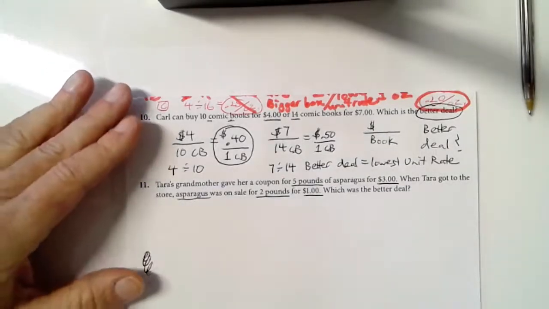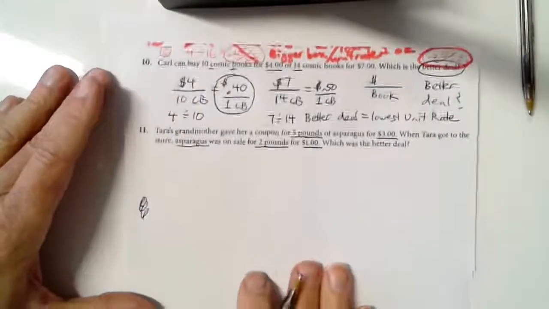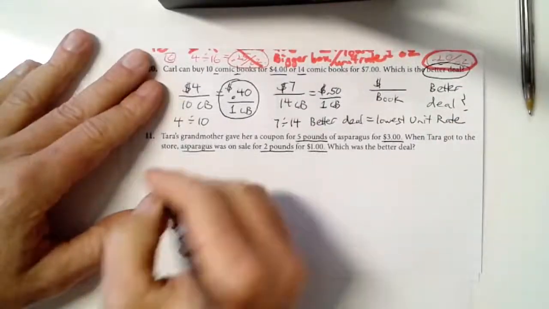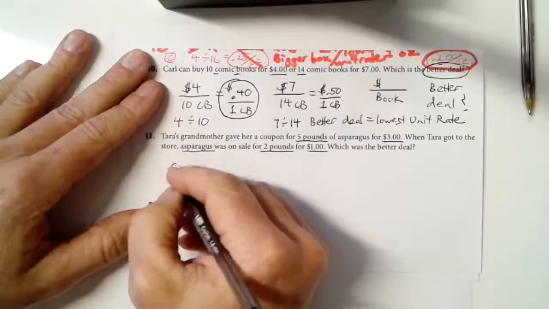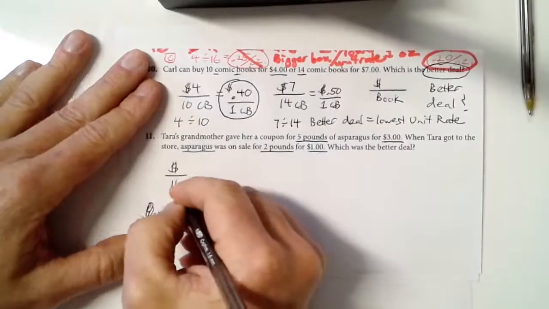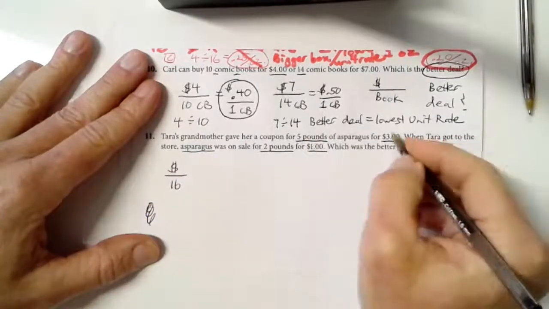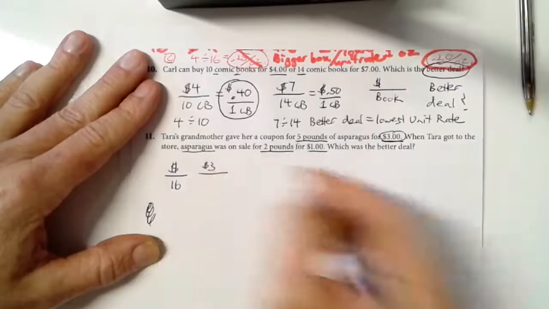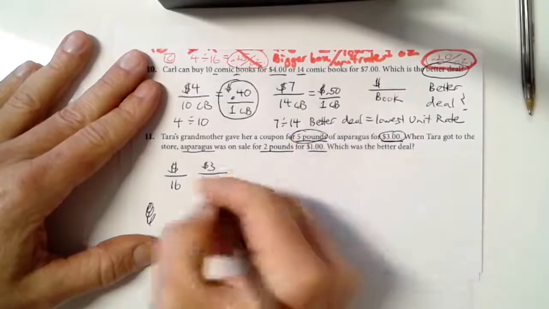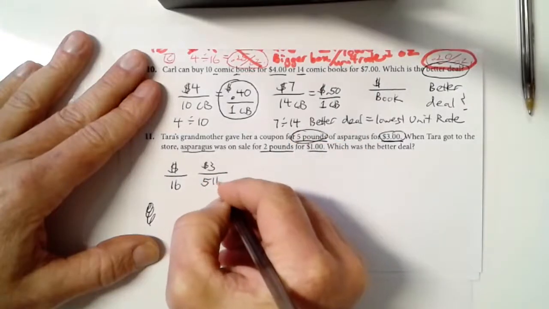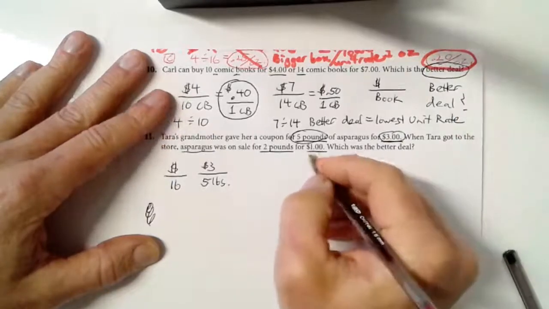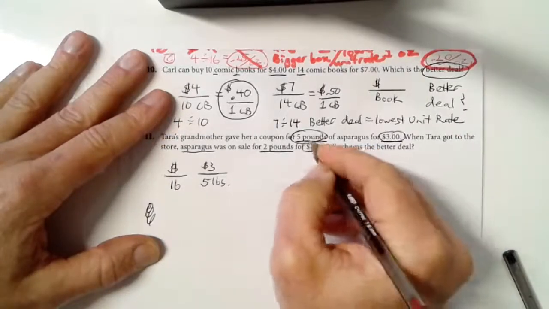But just because I know it in my head doesn't mean I would turn in that assignment, right? So we have dollars per pound. Up here we've got $3 for 5 pounds. And over here you've got $1.